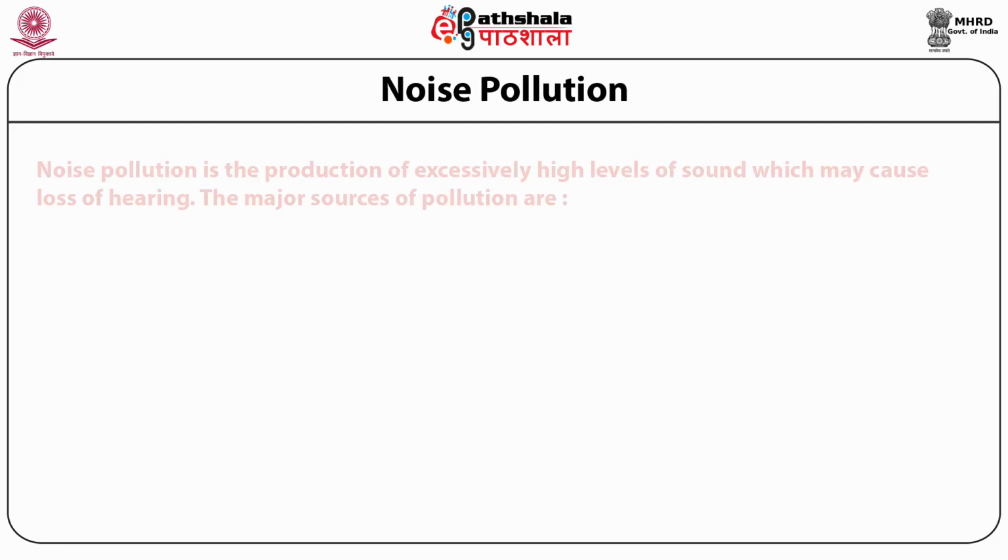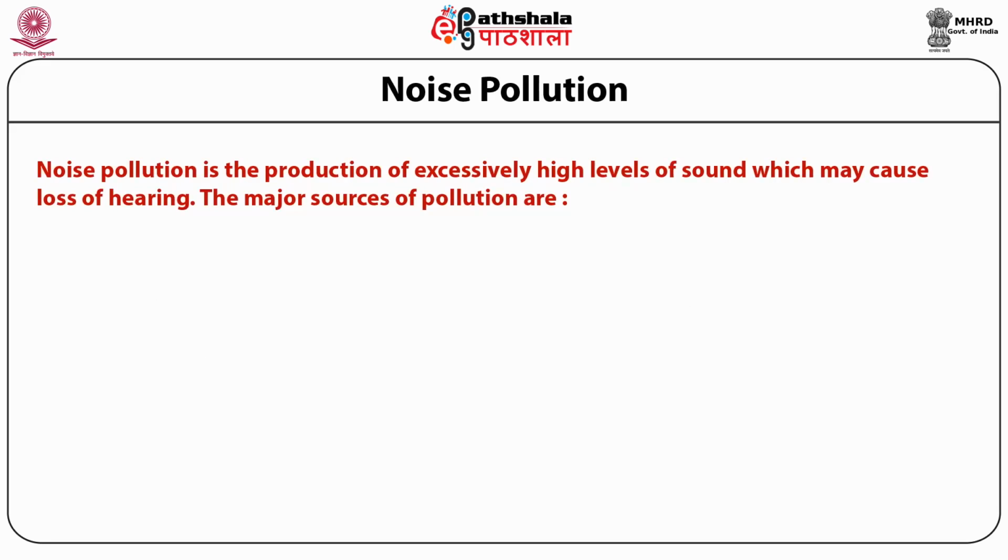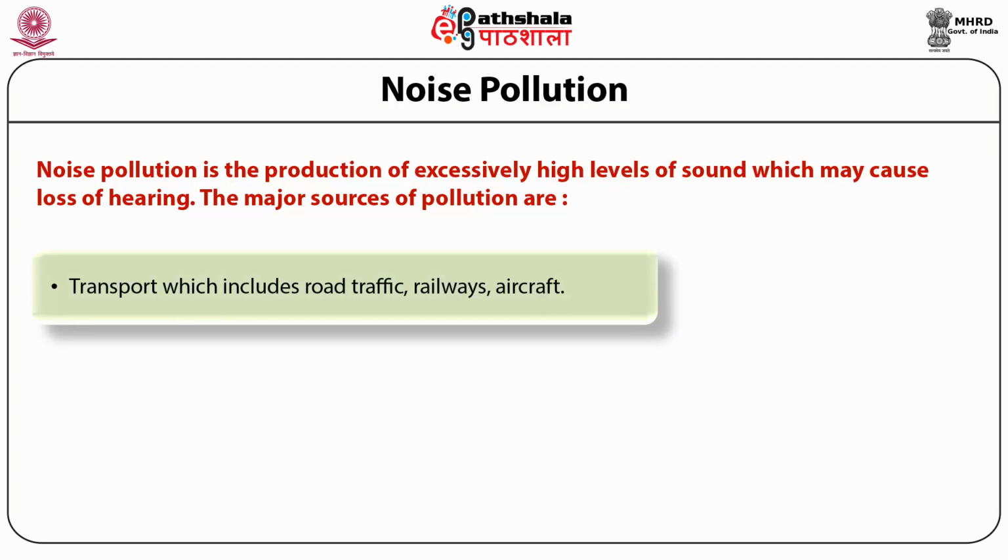Noise pollution. Noise pollution is the production of excessively high level of sound which may cause loss of hearing. The main source of noise pollution originated from human activities. You can see in the figures 11, 12 and 13. The major sources of noise pollution are: first is transport, which includes road traffic, railways and aircraft.